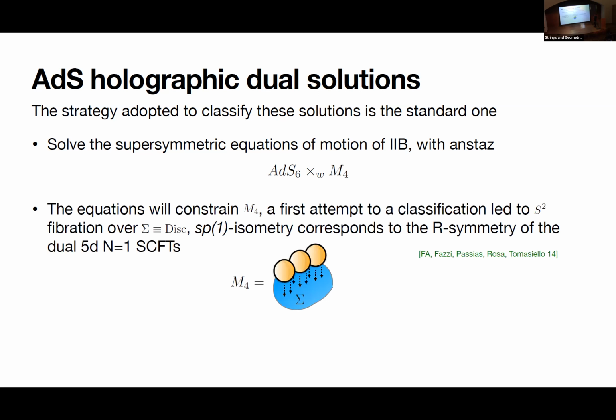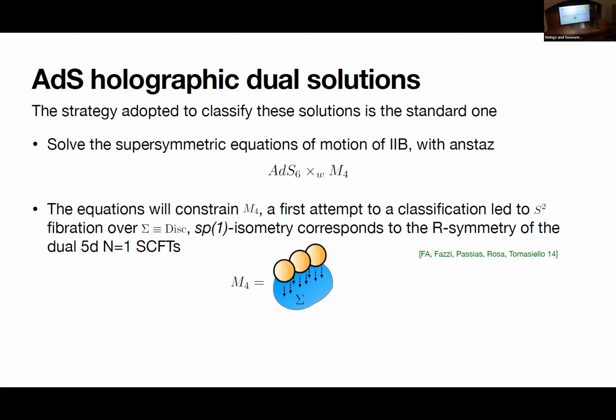Good. The first attempt at the classification was done in this paper with these very nice people around 2014. The outcome of this classification is that the general feature of this 4-dimensional space is a 2-sphere fibered over a disk.